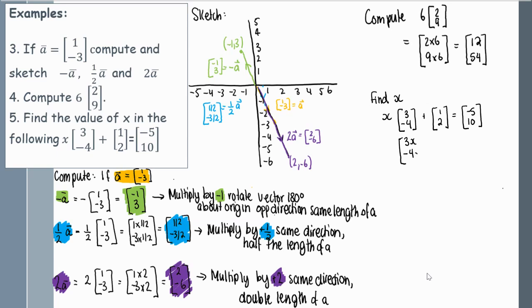We'll get x times 3 and x times -4. I still have the other two vectors here. Our next step is to add the vectors on the left-hand side. Remember to do this component-wise, and we'll form a new vector: 3x + 1 and -4x + 2. This still equals -5 and 10.